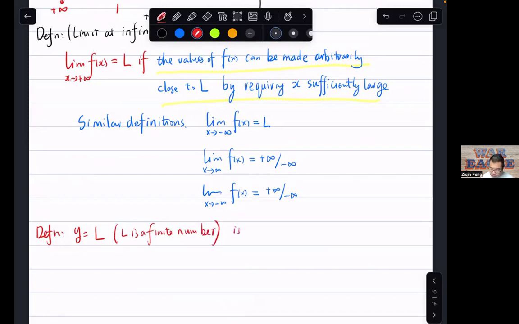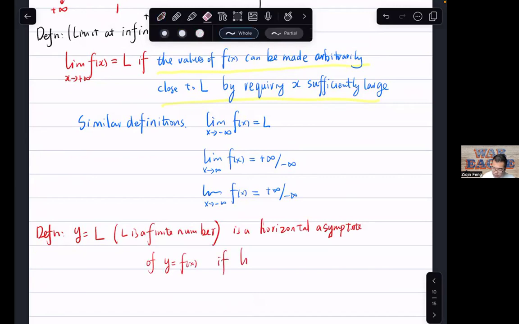So y equals L is a horizontal asymptote of y equals f of x if either the limit as x goes to infinity of f of x equals L, or the limit as x goes to negative infinity of f of x equals L.